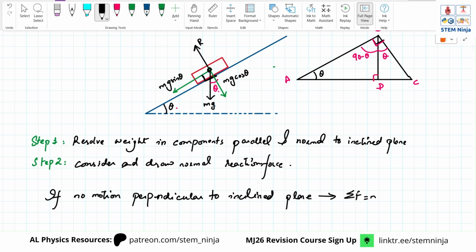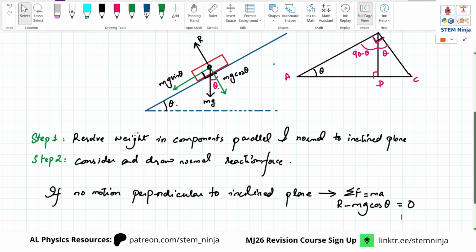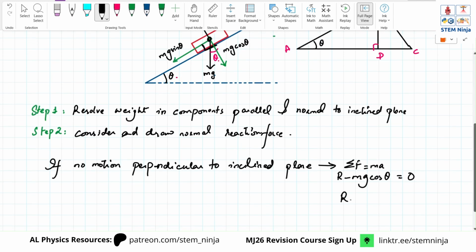Sum of forces is equal to ma. So this would be R minus mg cos theta equals 0, which would mean that your normal reaction force is R equals mg cos theta.